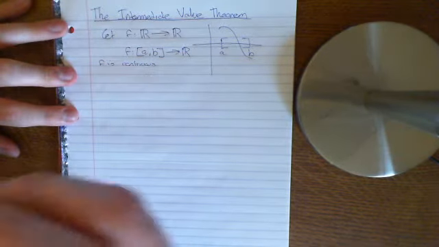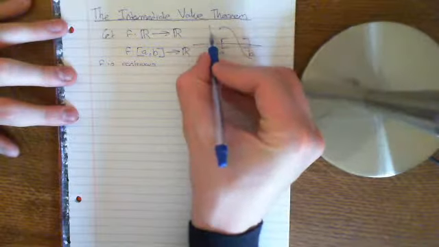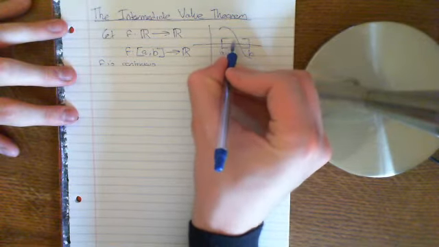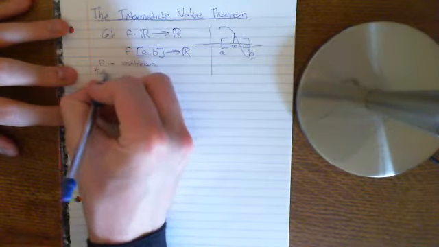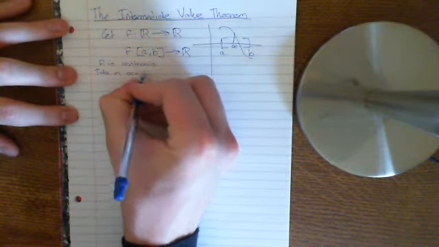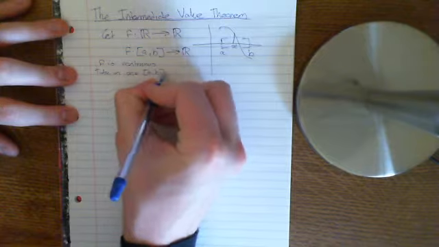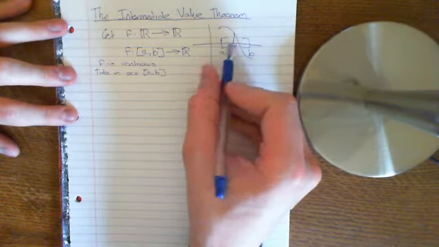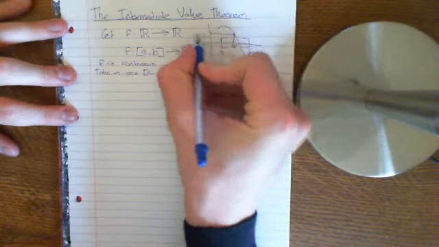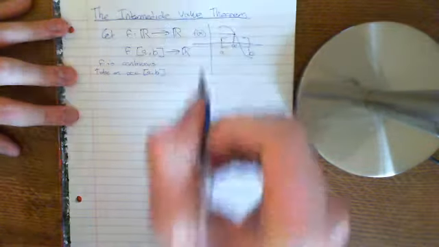Take any x which is an element of [a, b], some value in the domain of your function. The function gives it a value, f(x).